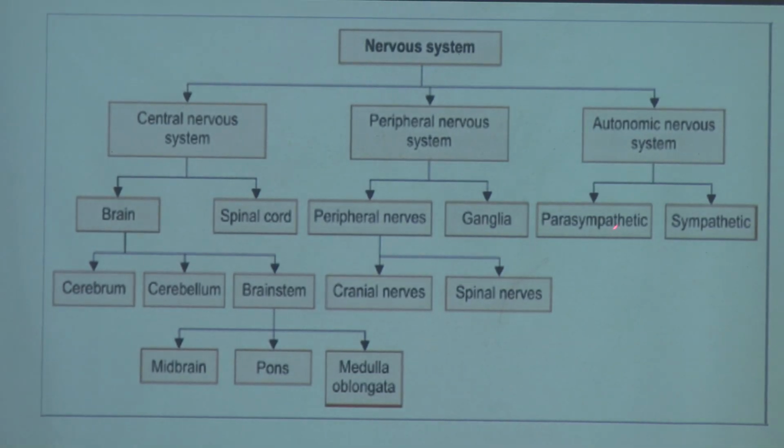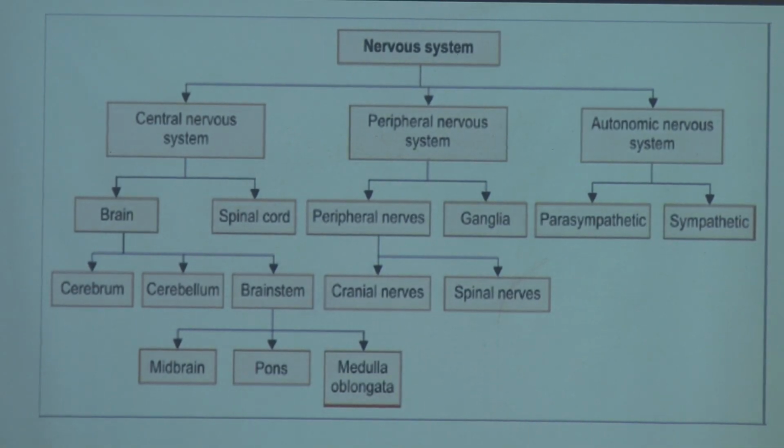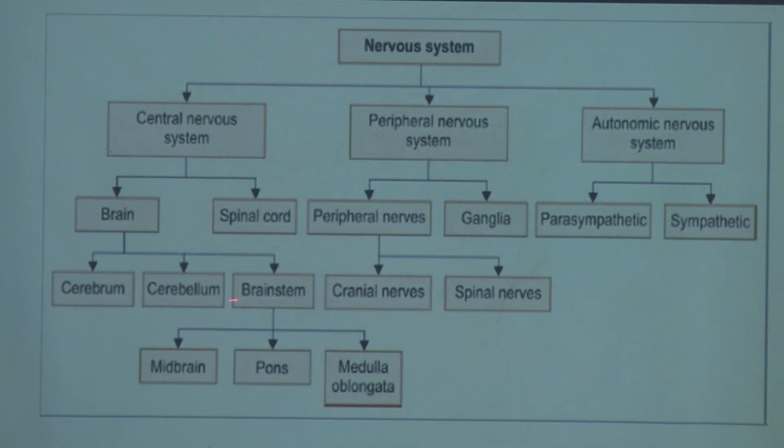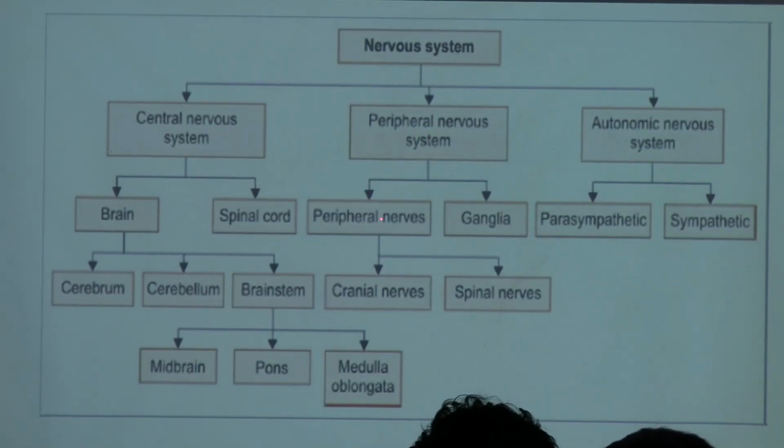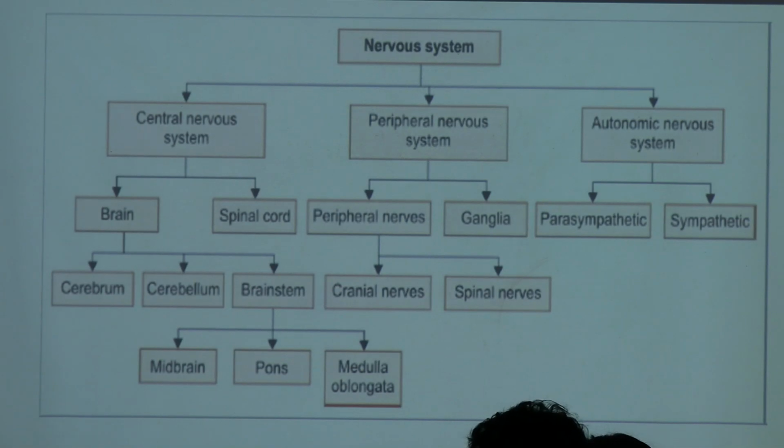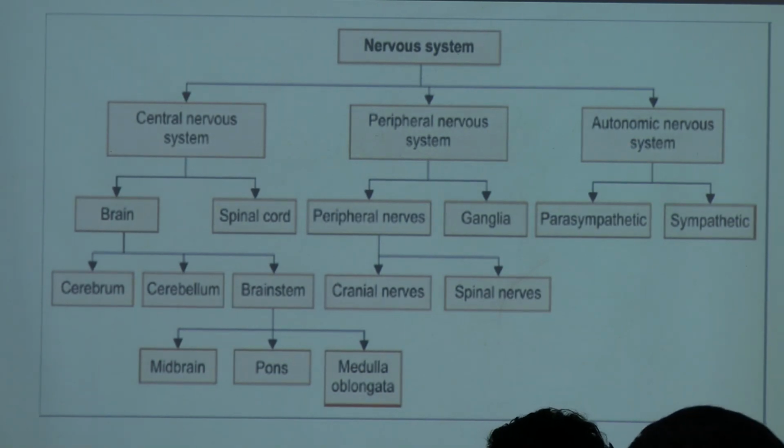In the autonomic nervous system, sympathetic and parasympathetic. These are the different parts of the brain. In the peripheral nerves, two types of nerves are there: cranial nerves and spinal nerves. And in autonomic, we have sympathetic and parasympathetic.